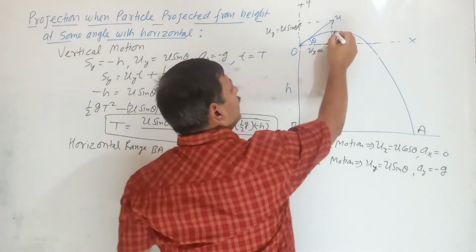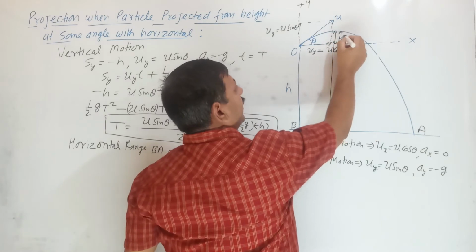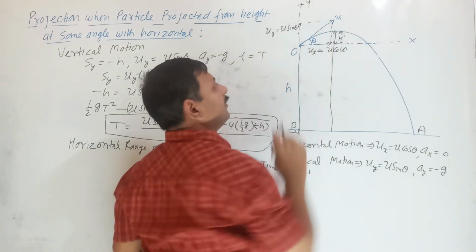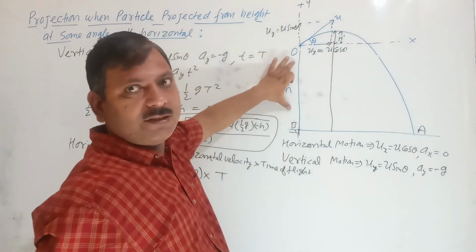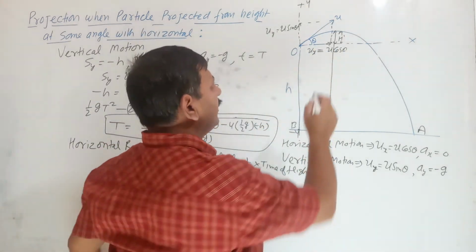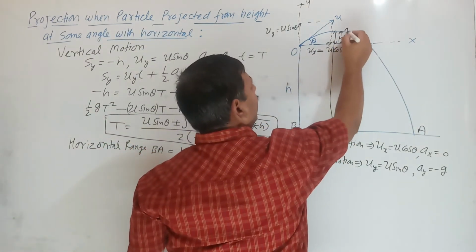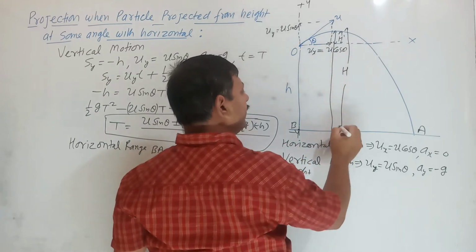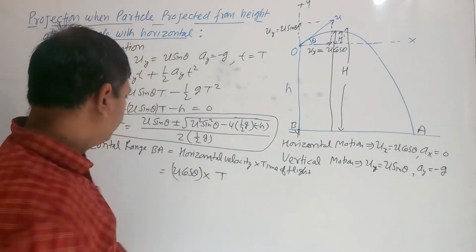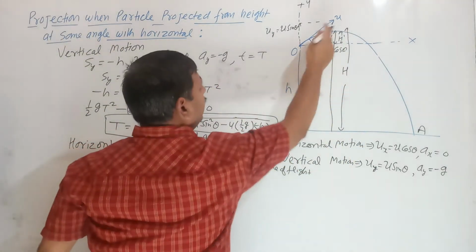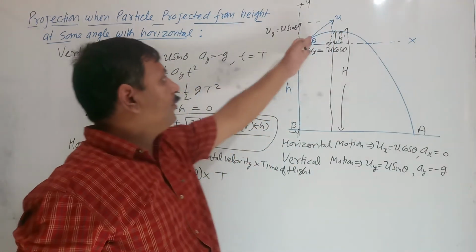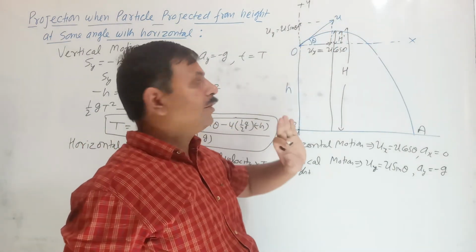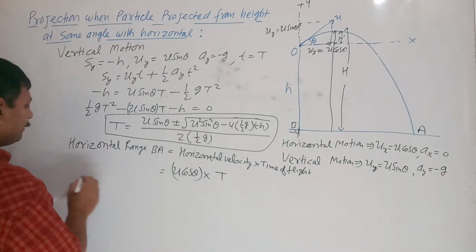I can find this height h dash by the general formula, and adding this h, we can find the total height from the ground. How can we find h dash? The velocity of projection is u and the angle of projection is theta.